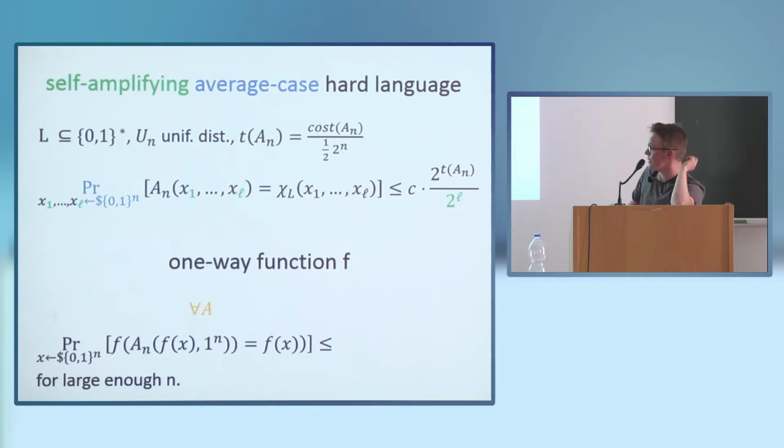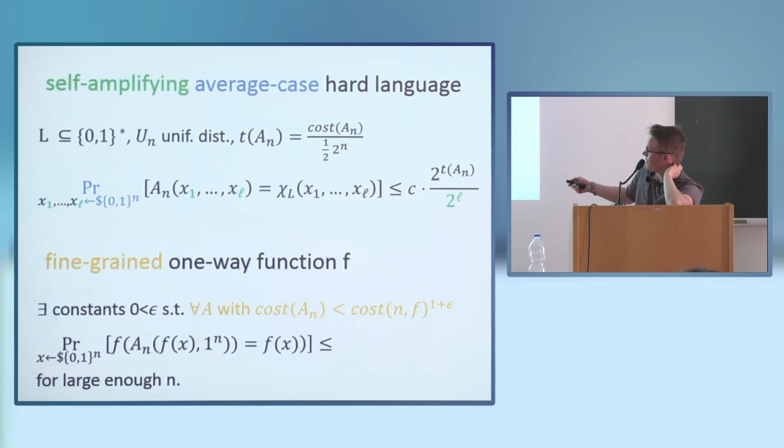And so the definition of fine-grained is that we just look for a polynomial gap between the adversary and the function that we compute, and as long as the adversary is only some specific polynomial more expensive than the one-way function, the adversary should not be able to invert the function.